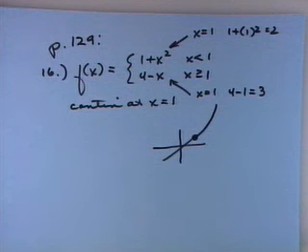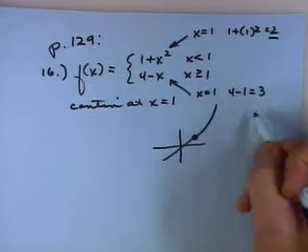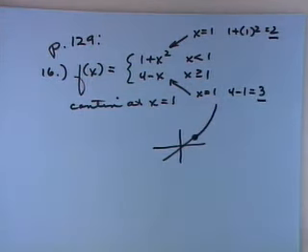If we're coming down to the same value, it's got a good chance of being continuous. But without doing all the graphing, you can probably say that the limit is not going to be the same from the left as it is from the right. One of them's headed toward 2, and the other one's headed toward 3. So it's probably going to be discontinuous.